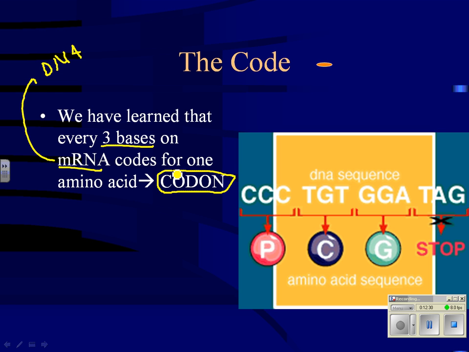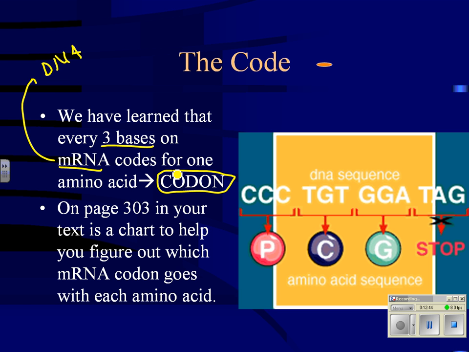Every 3 bases is a codon. We have charts. We have one in the books in the classroom, or we'll post a chart on the Moodle page that will help you figure out which messenger RNA codon goes with each amino acid. We'll practice this in class and take a look at the code in some detail.